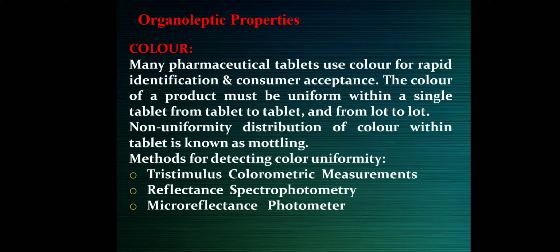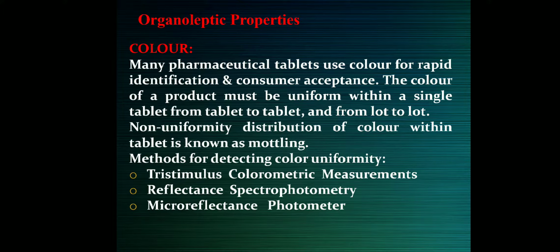Organoleptic properties, most important organoleptic property is color. So most of the time pharmaceutical tablets use color for rapid identification and consumer acceptance and to improve the appearance of the tablet overall. The color of a product must be uniform within a single tablet, from tablet to tablet and from lot to lot.